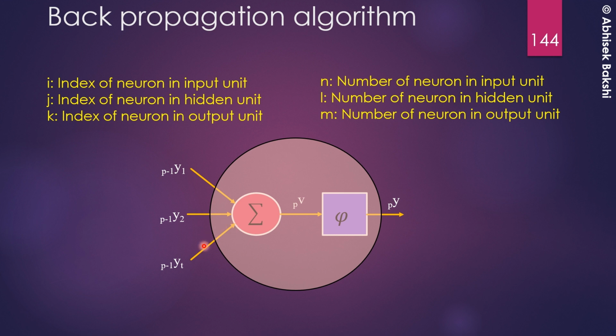I have not written any w's here, but I will do it later. And this summer value, something like vp is written here, is the value of this pth layer neuron, and that will be fed to the activation function black box.